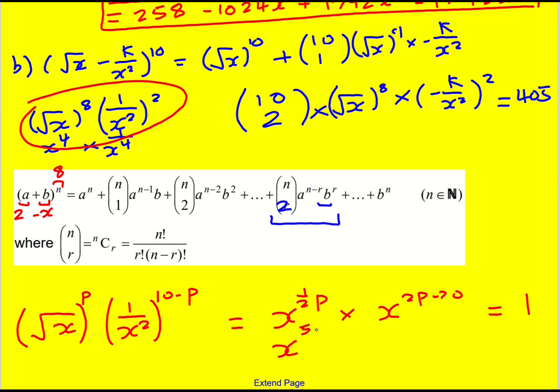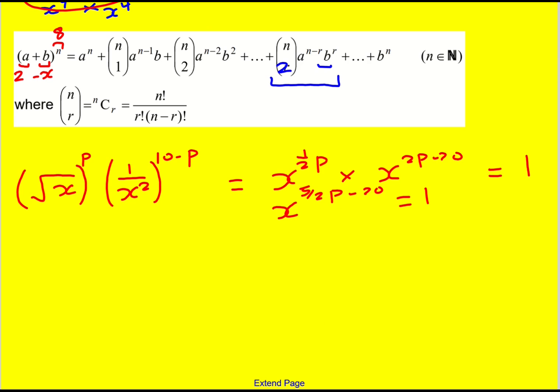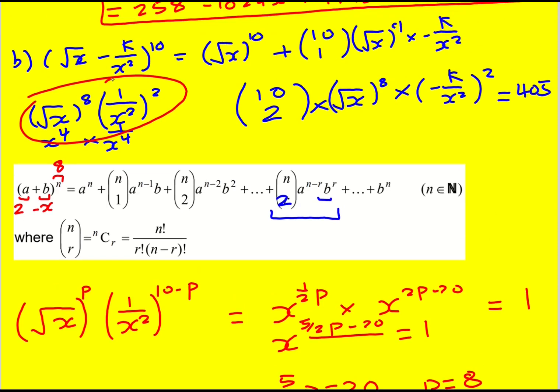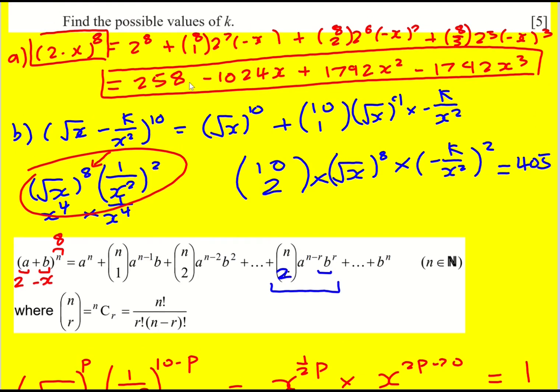So then a half plus 2 is 5 over 2. So I get 5 over 2 p minus 20 equals 1. And it must be that this power is 0 to get a constant. So 5 over 2 p equals 20. p is going to be, well, 5p is 40. p is then going to equal 8. So you can see I get the method without just trying it out.